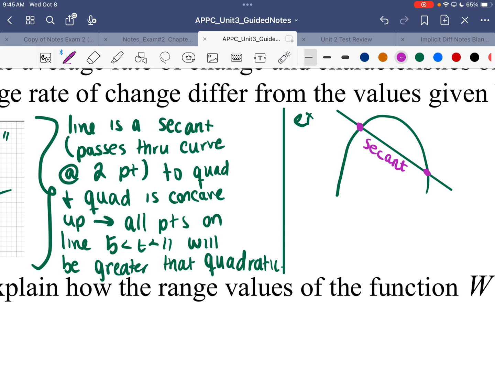In the interval between A and B, what would the relationship between the quadratic and the line be then? Would the quadratic be more or less than? More, right? Because at each of these points on the secant line in between A and B, the quadratic is greater than the line because the line is secant and the quadratic is concave down.